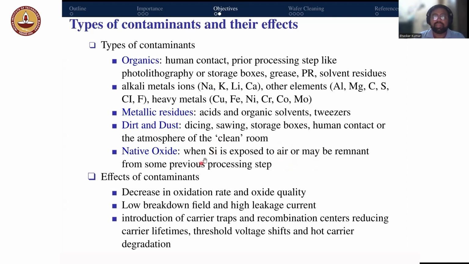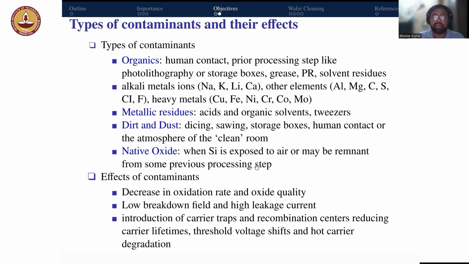Now, the question is, what are the effects of these contaminants on the performance of the devices that we get? Particularly the molecular contaminants, that is, the molecular components that act as a mask, preventing the effective cleaning and rinsing of the silicon samples, hindering any good adhesion of the deposited films.